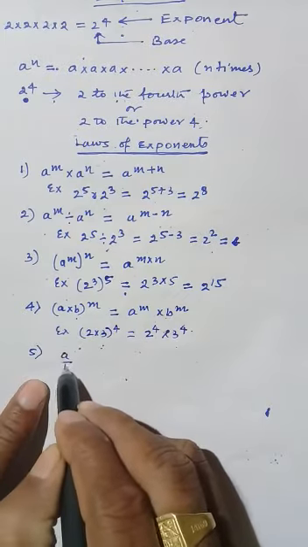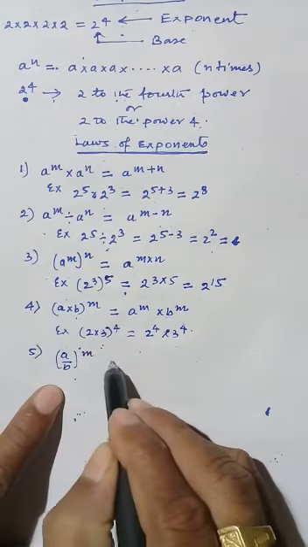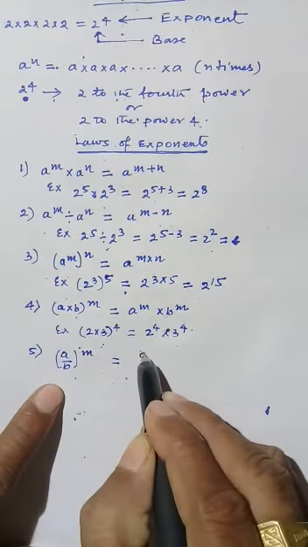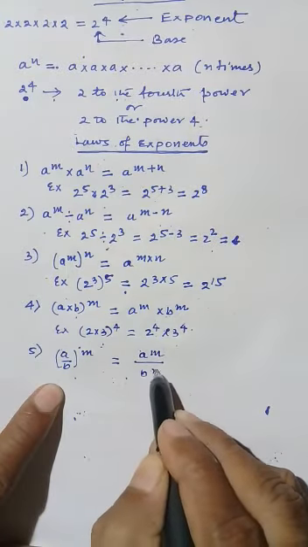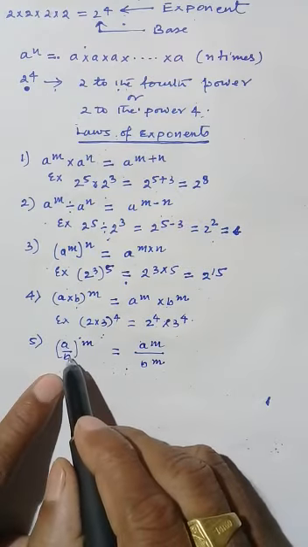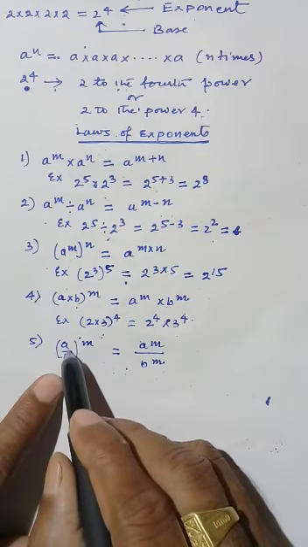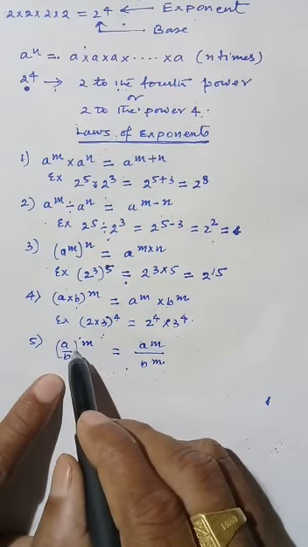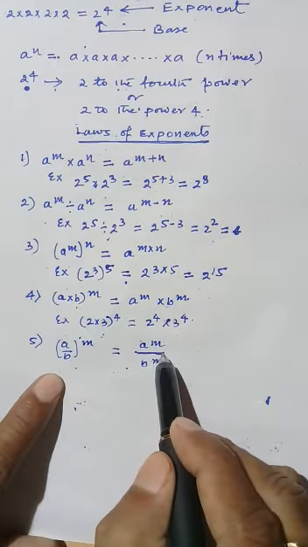Number 5: a by b, whole to the power m, will be equal to a to the power m divided by b to the power m. If the base is in the form of a fraction, then we should write the exponent separately.